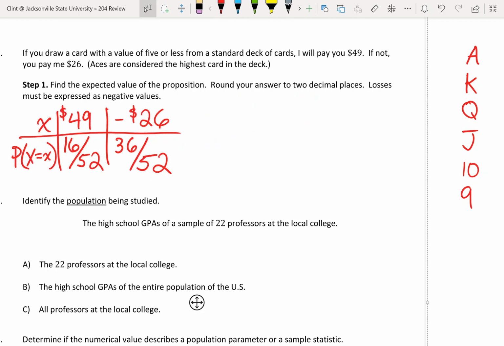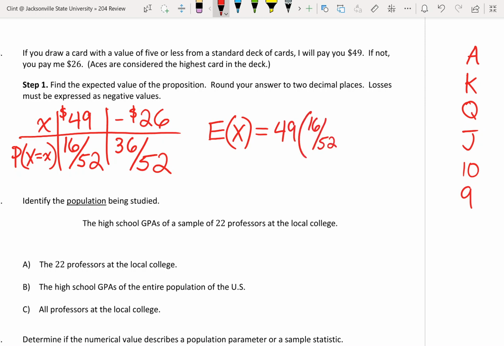So we're ready to do our calculation for expected value. We take each outcome, multiply it by its probability, and add them up. Here we've got 49 times 16 out of 52. And then negative 26 times 36 out of 52.